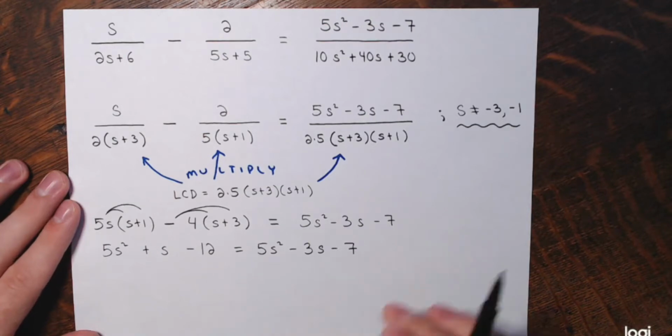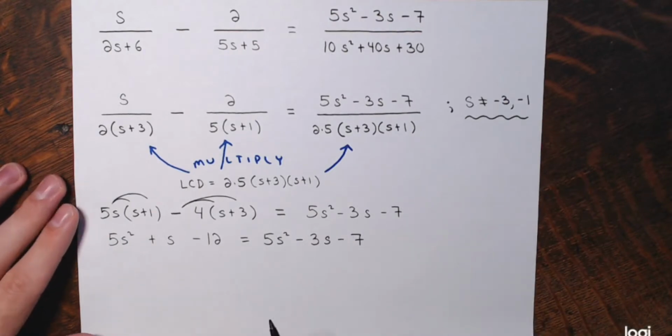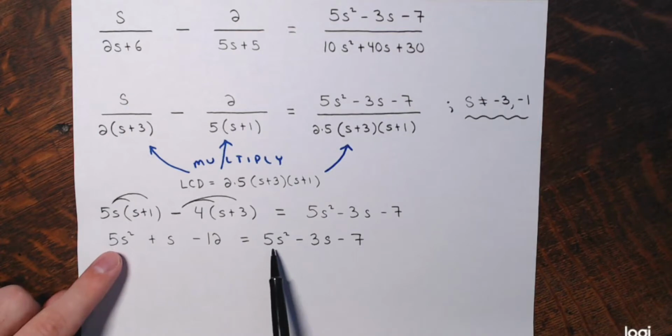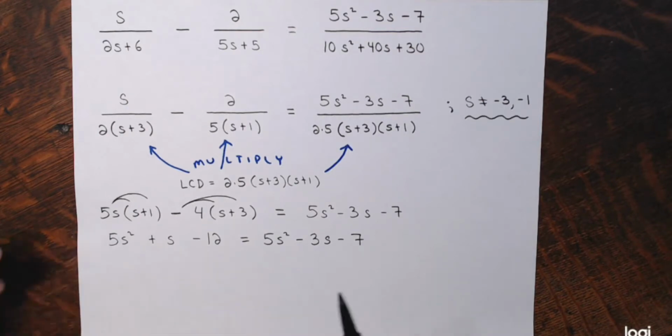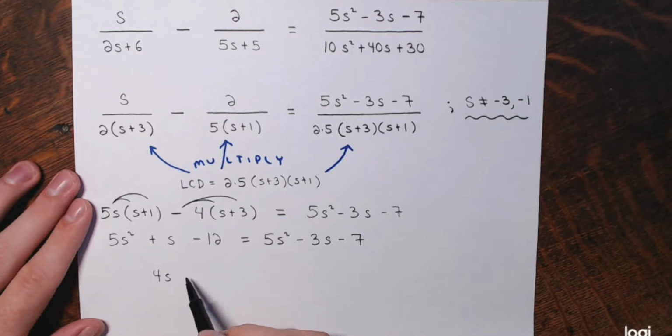And then I'll take everything to one side. Let's see, I'll just take everything to the left side. Look at what happens. The 5s squareds are gone. You would subtract 5s squared from both sides. They'd be gone. I would add 3s to give me 4s on the left. I would add 7.